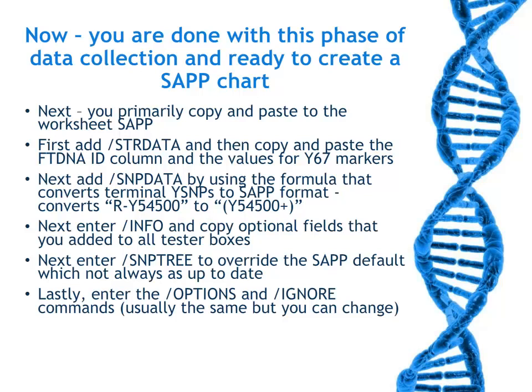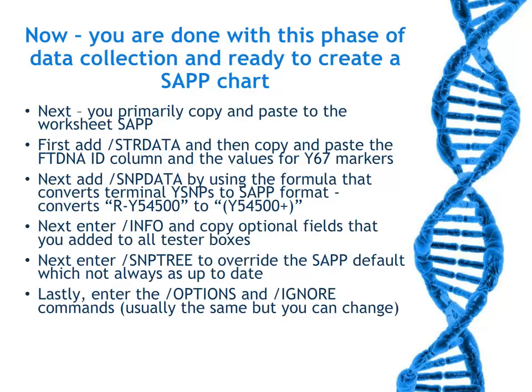In my case, I always have the Family Tree DNA ID, and also I have the actual terminal SNP to see if the prediction is matching what SAPP produces. And also I have both the signature and genetic distance just to sanity check SAPP. Next, it's wise to enter your own values for the SNP tree.